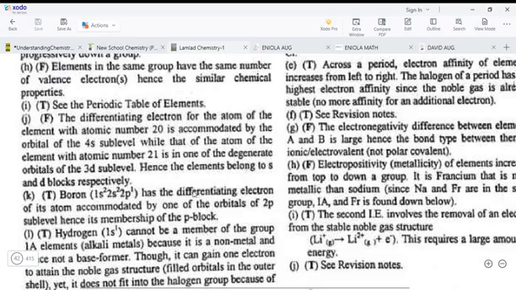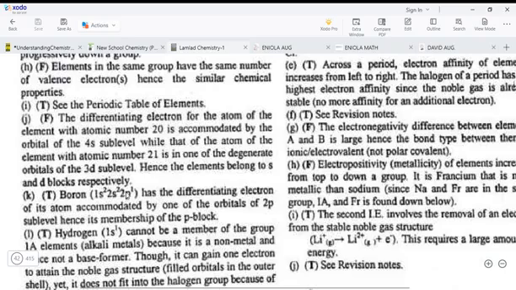So it has the differentiating electron of its atom accommodated by one of the orbitals of the 2p sublevel, hence its membership of the p block. Looking at the last energy level, p shows that it belongs to the p block. So always check the last part, because the last aspect of the electronic configuration really matters.